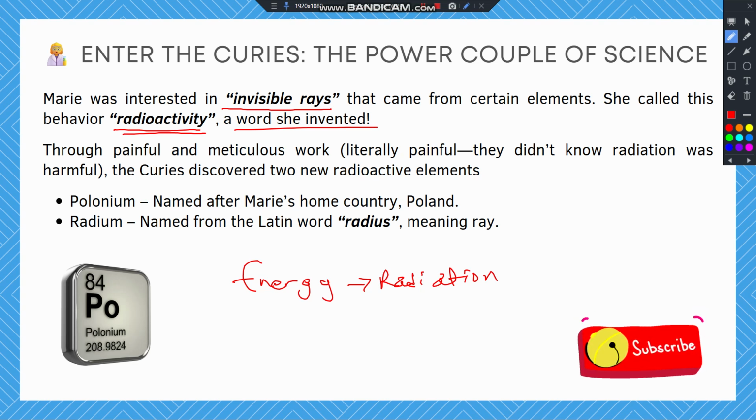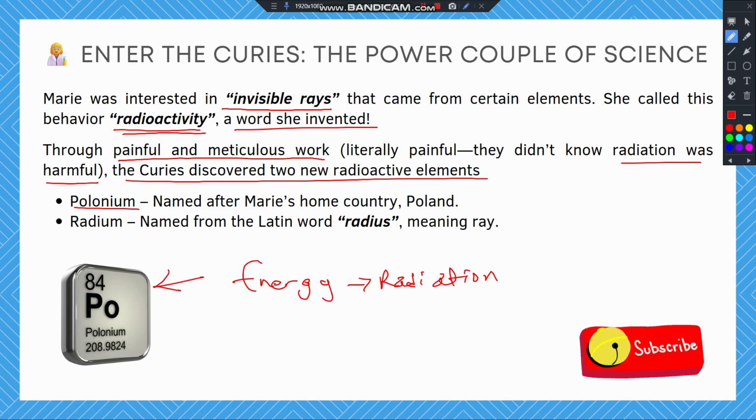Now, through painful and meticulous work, it was actually literally painful because they didn't know that radiation was harmful to the human body, the Curies discovered two new radioactive elements. They discovered polonium, which was named after Marie's home country, Poland. And then they discovered radium. Radium was gotten from the Latin word radius, which means ray.